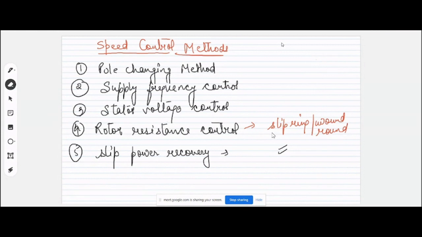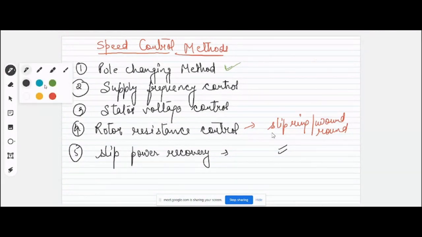The first method is pole changing, the second is supply frequency control, the third is stator voltage control, the fourth is rotor resistance control, and the fifth is slip power recovery. In our last class, we studied the pole changing method, and how we can use it to control the speed of the motor. What is the basic principle behind this?